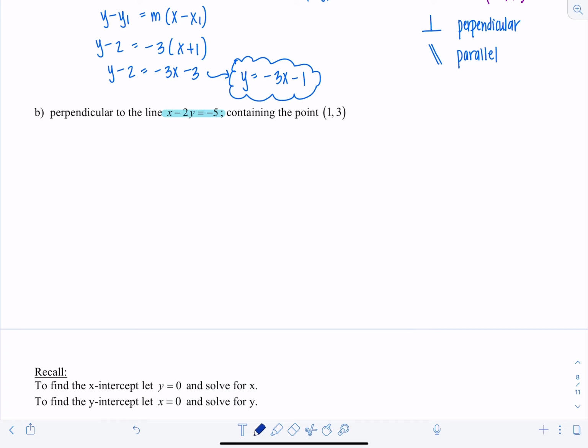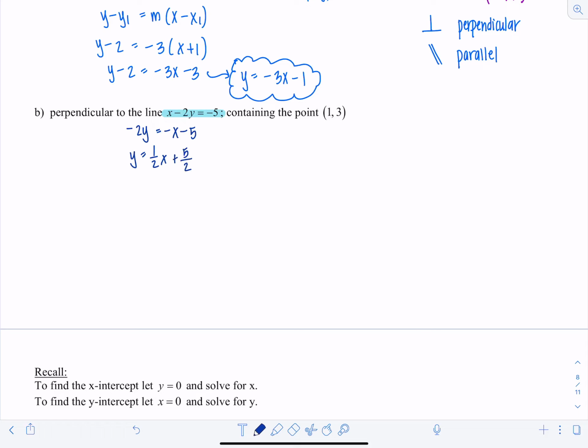So we have to rewrite it in y equals mx plus b form, slope-intercept form. So let's isolate y. I have -2y equals -x minus 5. Then I'm going to divide everything by -2, so y equals 1/2 x plus 5/2.